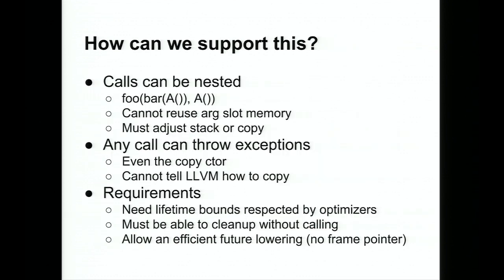So how are we going to do this? This is what I've been thinking about for a while. Some of the challenges that you need to think about are calls can be nested like this, right? All of these can be passed and be returning things by value. And the stack space that I use for that can't overlap. And how do I tell LLVM's optimizers that, if I want to take the address of the outgoing argument, you can't move loads and stores across these boundaries, even though, as far as it's concerned, they don't necessarily alias.